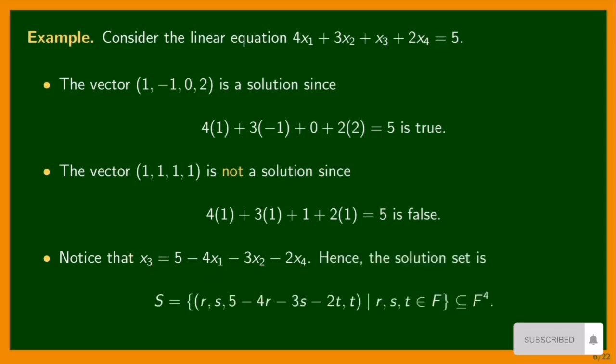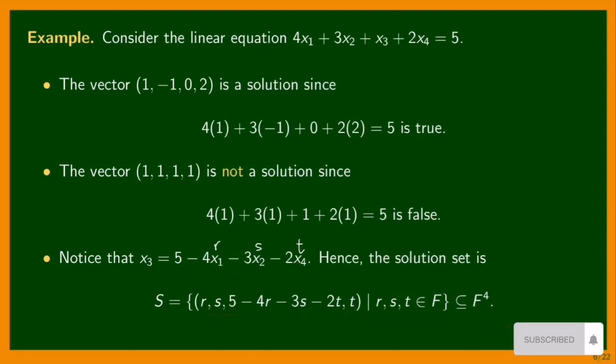Hence, we may write the solution set as follows. If you replace x1 by r, x2 by s, and x4 by t, then you can write the solution set as r being x1, s being x2, and x3 being 5 minus 4r minus 3s minus 2t, comma, t, because x4 is set to be t.